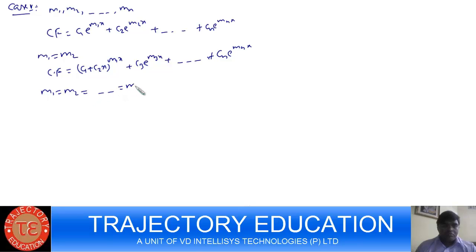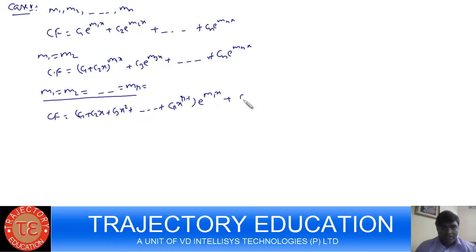And if suppose the first r roots are equal, in that case your CF becomes (c1 plus c2 x plus and so on plus cr x^(r-1)) e^(m1 x) plus c(r+1) e^(m(r+1) x) and so on, up to cn e^(mn x).